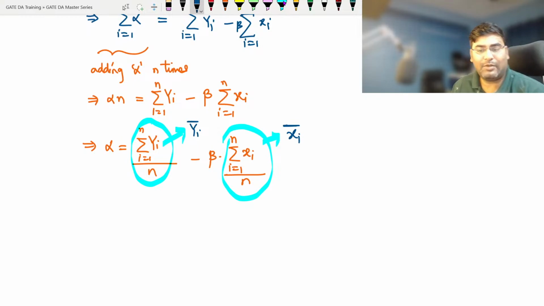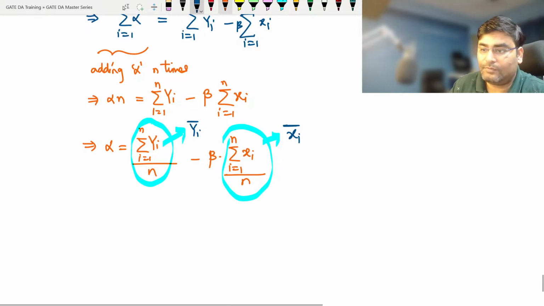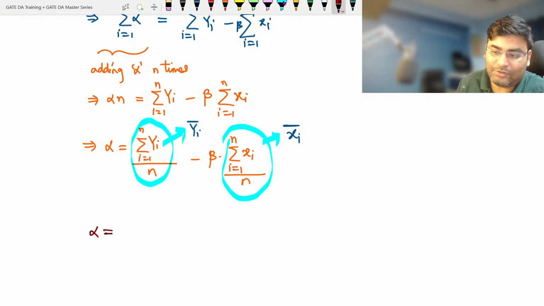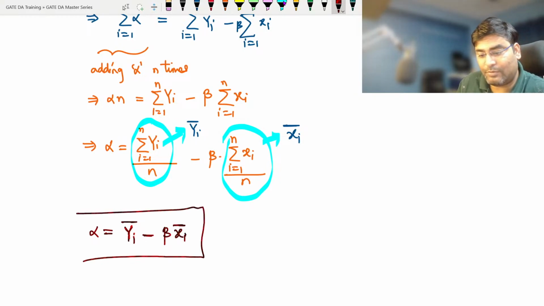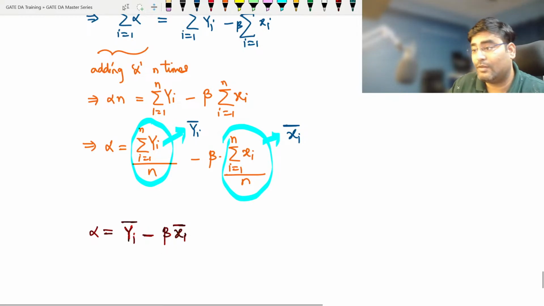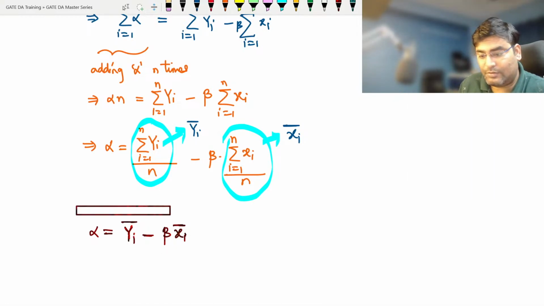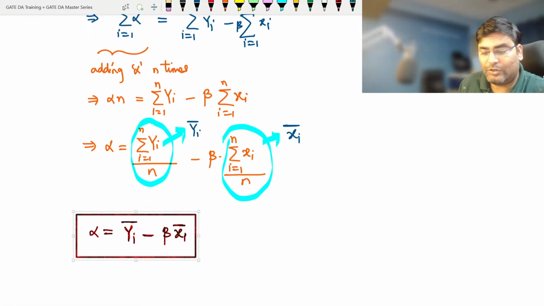So far with me, guys, come on. So finally, you can write the result for alpha equal to y bar minus beta times x bar. Take all the actual y values and do the average. Take all the input x_i's, take the average and multiply with beta. This is your first formula which we have derived for you. That's how you estimate alpha.